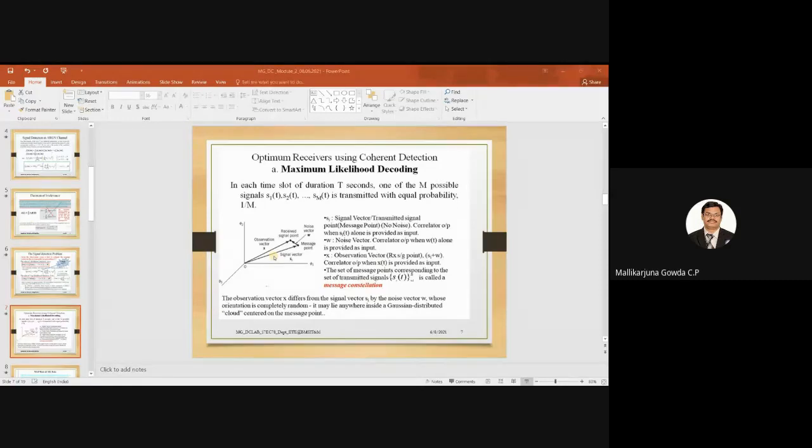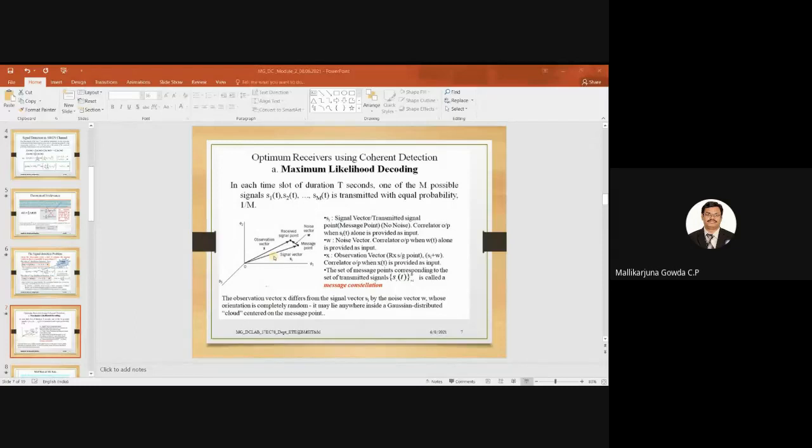In case of QPSK, since it is quadrature phase shift keying, I can transmit 4 symbols of information with 4 phase shifts. That is why it is called quadrature. It means I can transmit 2 digits as one symbol with 4 possible phase shifts. In that sense, here I am generalizing to M possible signals with equal probability, which will be 1/M.